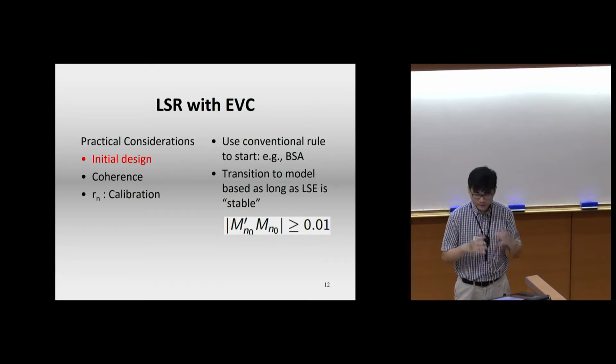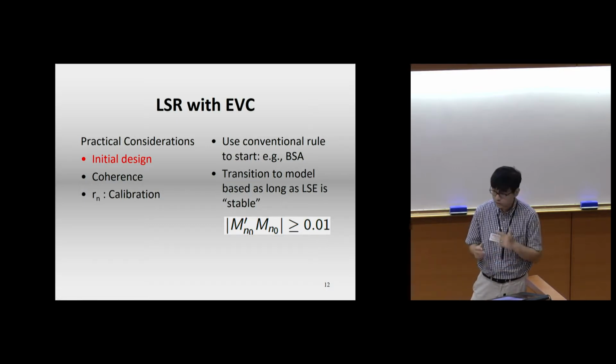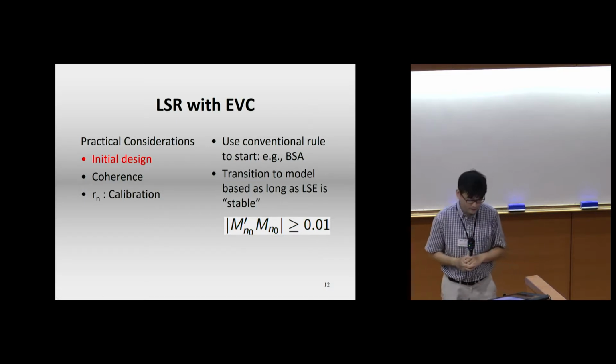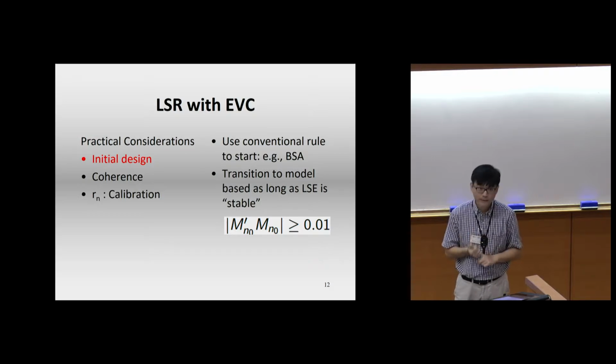So the idea is that we start the trial dosing patients according to the body surface area, and as long as we get some stable estimation of the least square, then we switch to the model-based method. So this is the first step.